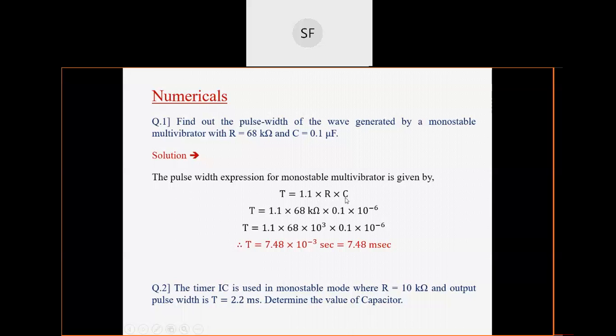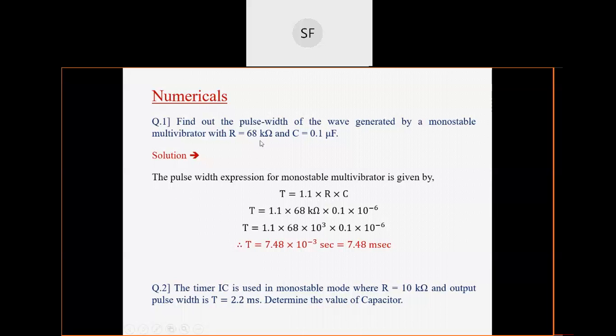And again, capacitor is 0.1 microfarad. Here you can observe that I have already written 0.1 into 10 raised to power minus 6, as micro stands for 10 raised to power minus 6. Because if you just put the value of resistor as 68 only and the capacitor value as 0.1 only, then your answer will be wrong.